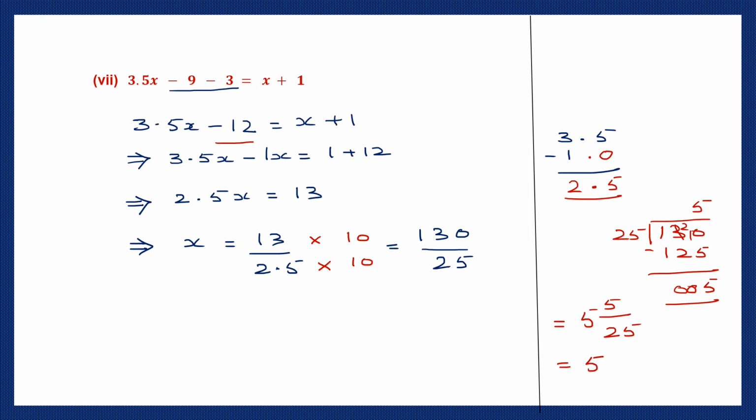Now I can reduce 5 and 25 to the lowest term by dividing both by 5. 5 ones are 5, 5 fives are 25. So what do I get here? 5, 1 by 5. So we have found the value of x to be 5, 1 by 5.